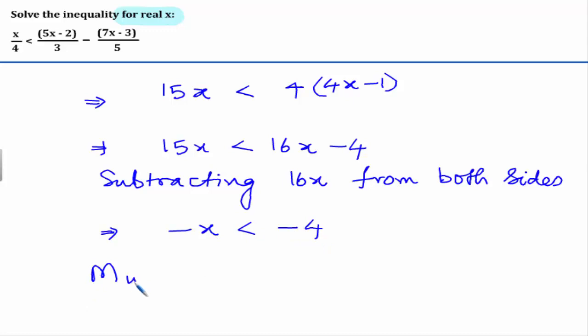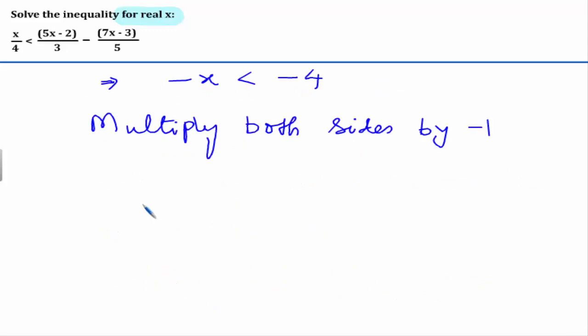Now let us multiply both sides by minus 1, and we get x, and when we multiply minus 4 with minus 1 we get 4, and the symbol is changed because we are multiplying with the negative quantity.